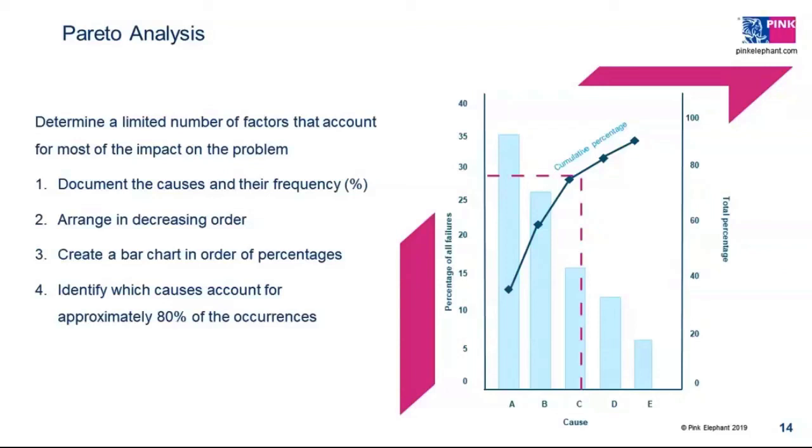And so Pareto allows me to identify where that approximate 80% is and say, these are the ones we're going to look at. These other 20% we may not have time to get to. Let's focus on these causes. So it's a great way to, again, get the team to focus specifically in the areas that we want to look at in more depth, and you can go from there.